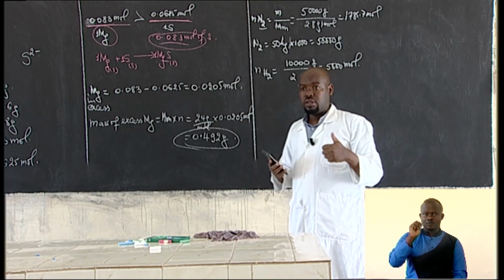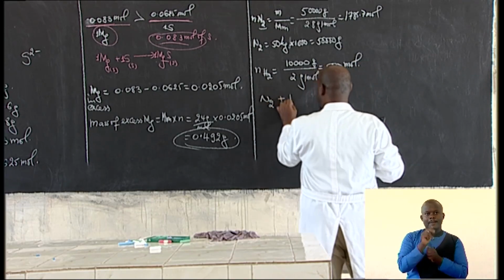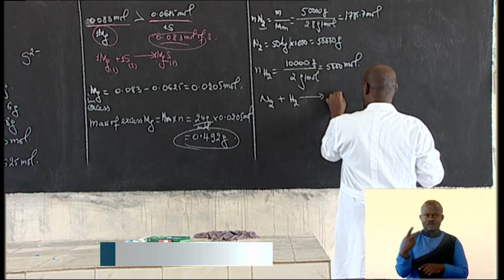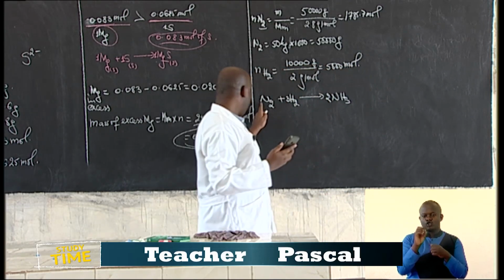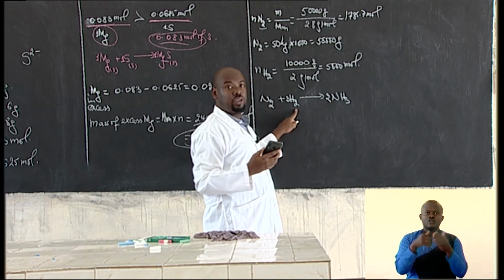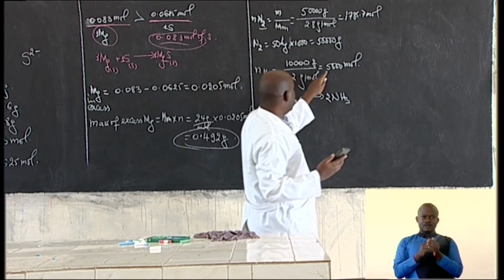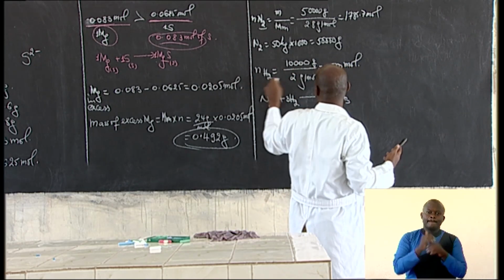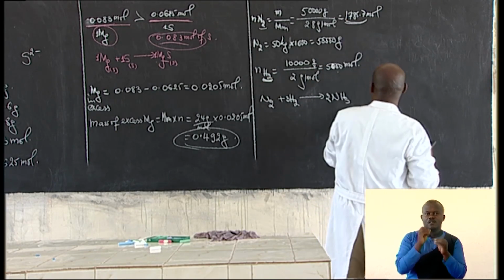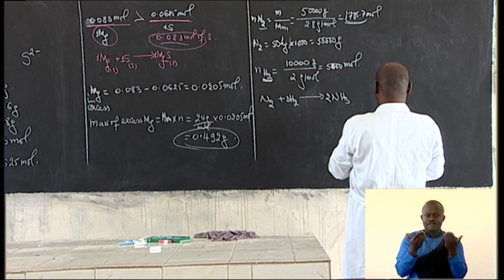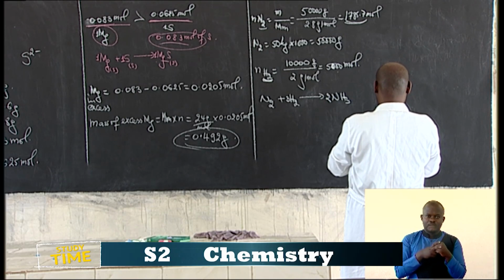5,000 mole means what? You can see for nitrogen reacting with hydrogen to produce ammonia, we need 1 mole of nitrogen to combine with 3 moles of hydrogen. And so the number of moles of hydrogen should be 3 times the number of moles of this. But what do we have? Let's check. 1,785.7 times 3.